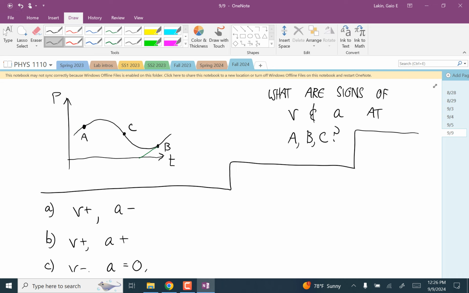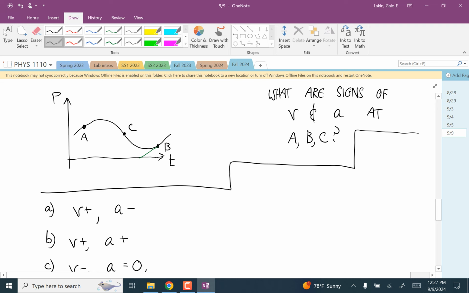Right. Nothing that we look at is going to be happening instantaneously. Everything's going to happen over time. And that's how it is in real life too. Things can stop abruptly, but if you look at it in enough detail, you'll see that it's just slowing down really quickly. Okay, how about at B? That has a positive velocity and a positive acceleration.